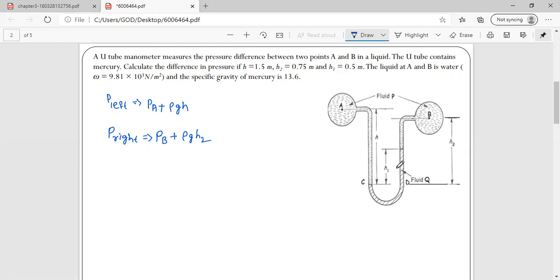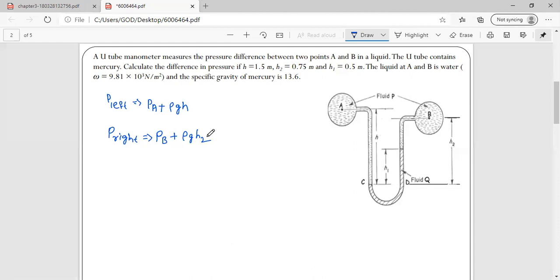Because the total distance has two different fluids. If I write it as rho g h2, it is obviously a mistake, because this fluid is only up to here. A different fluid is here, and from here to here is the manometric fluid. The densities of these two fluids are different.